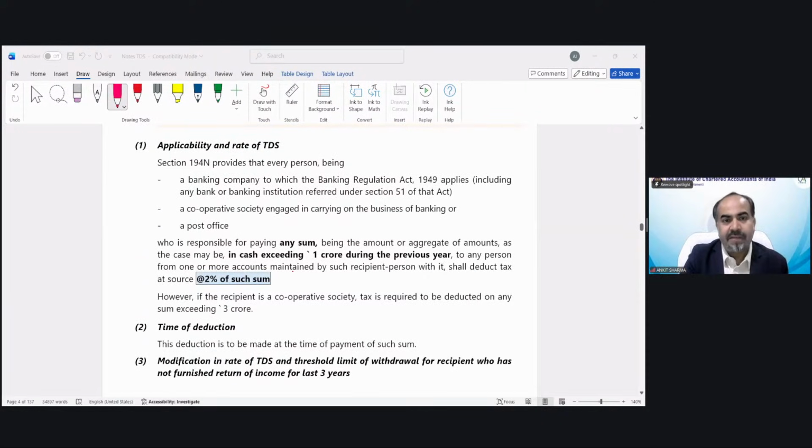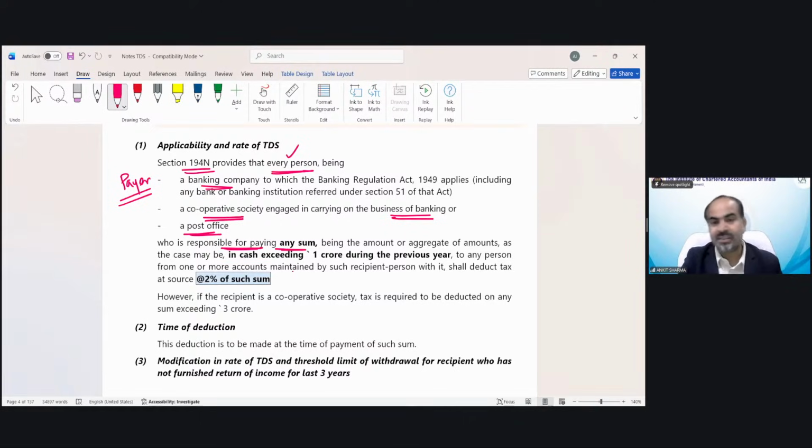Section 194N provides that every person, including a banking company, a cooperative society in the business of banking, or a post office, is responsible for paying any sum, because they are the payer in this case.